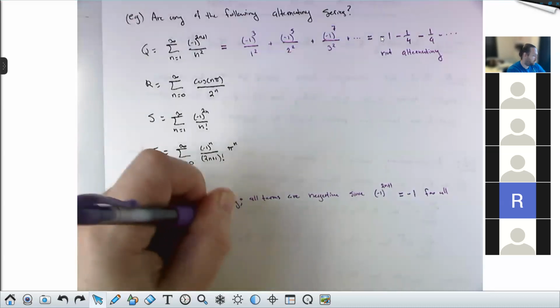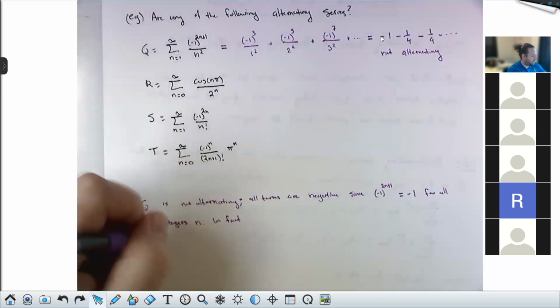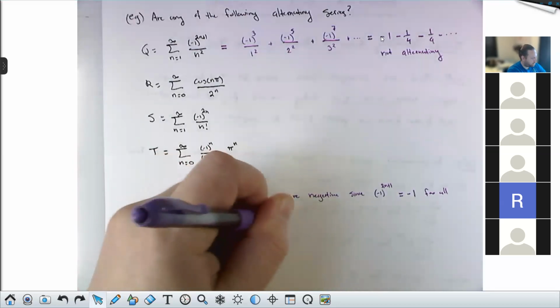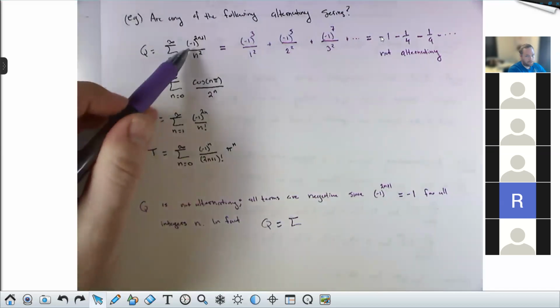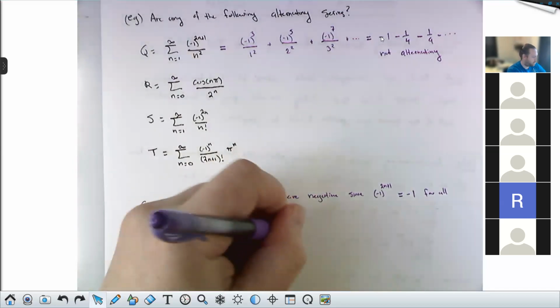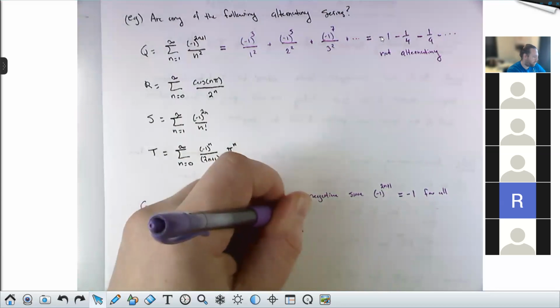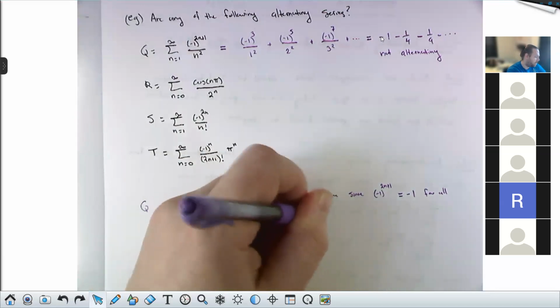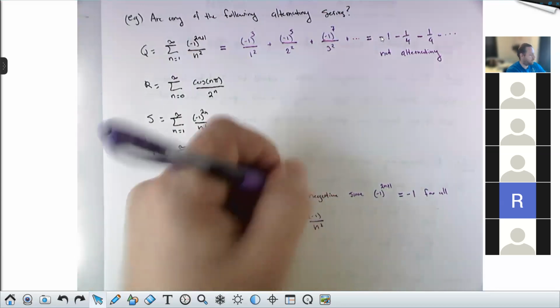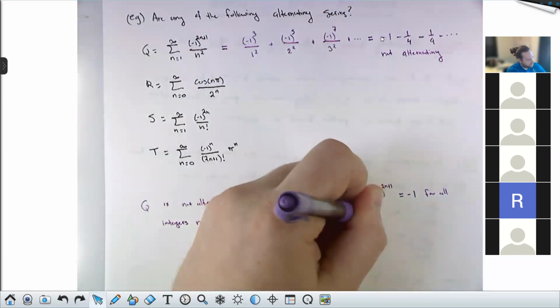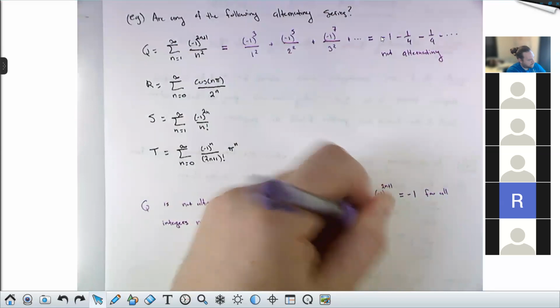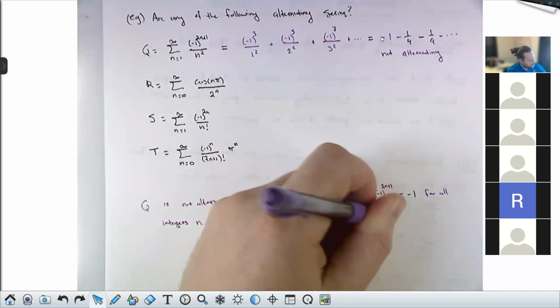In fact, I can rewrite Q. If -1 to the 2n plus 1 is always -1, then this series is really sigma n from 1 to infinity, -1 over n squared, which is negative sigma n from 1 to infinity, 1 over n squared.